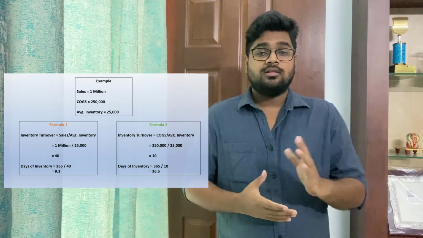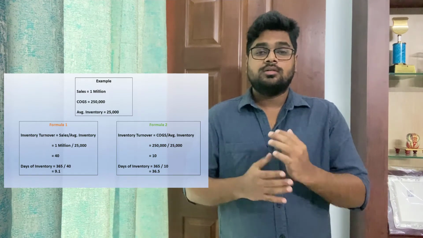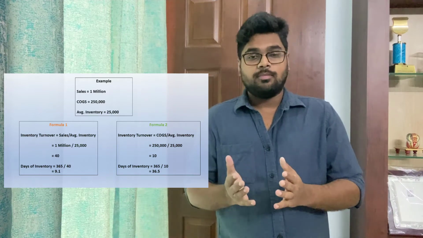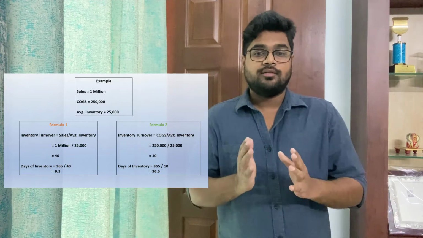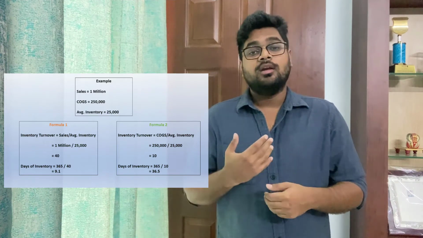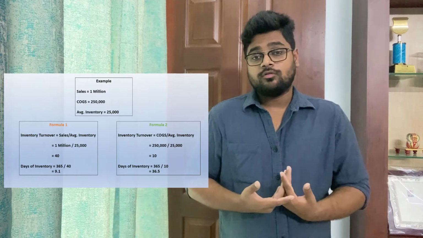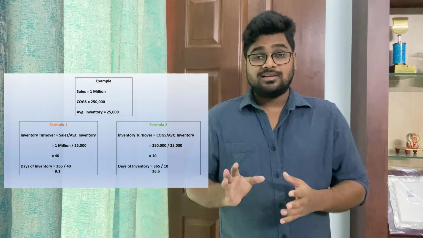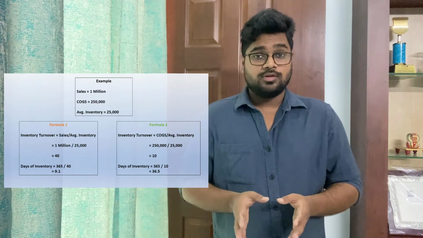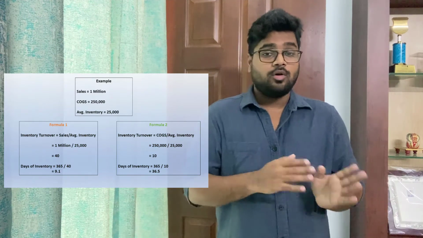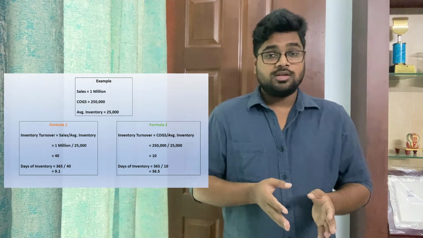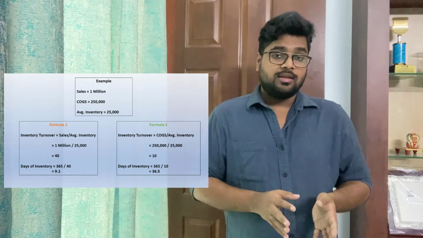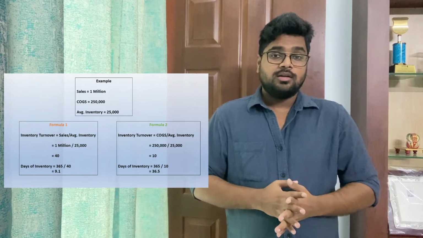On the other hand, COGS divided by your average inventory, that's 250,000 divided by 25,000 gives you an inventory turnover of 10. Now, according to the first formula, your inventory is replenished 40 times over a certain period of time, but by COGS, it's only replenished 10 times over a certain period of time, right?